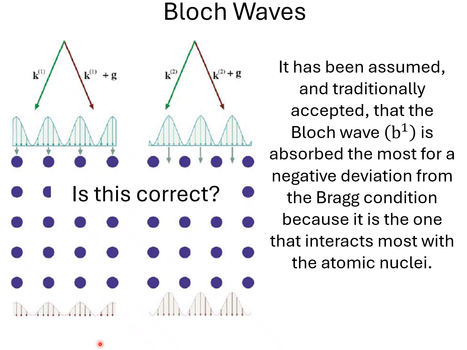Is it correct? Well, according to what I just explained, I could think of Bloch wave 2, which has the smaller wave vector and therefore larger wavelength, as coming about physically by being accelerated. And Bloch wave 1 is the one that's decelerated when it comes into the crystal.